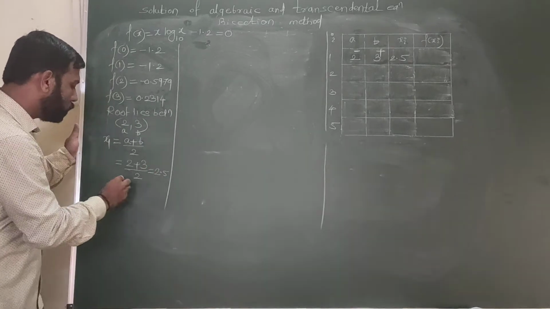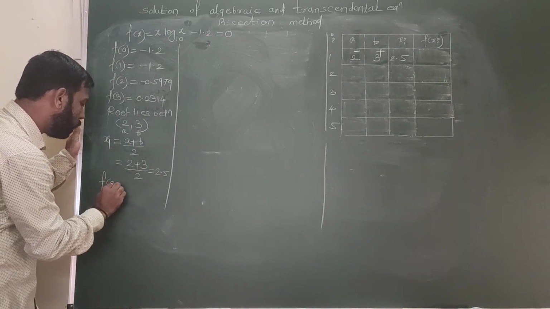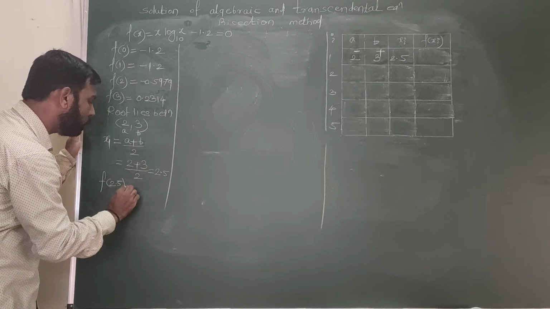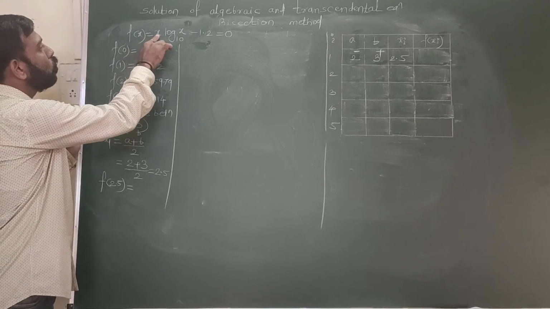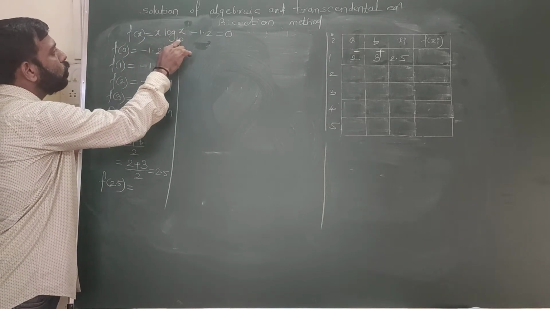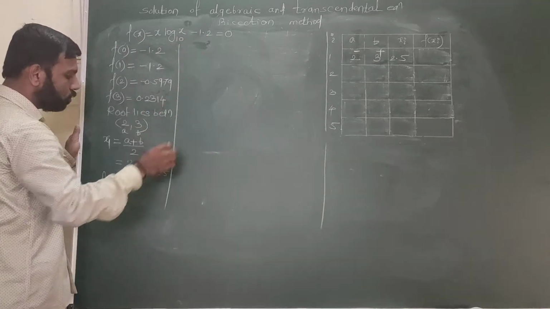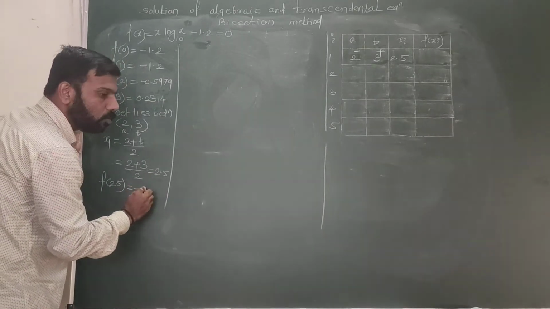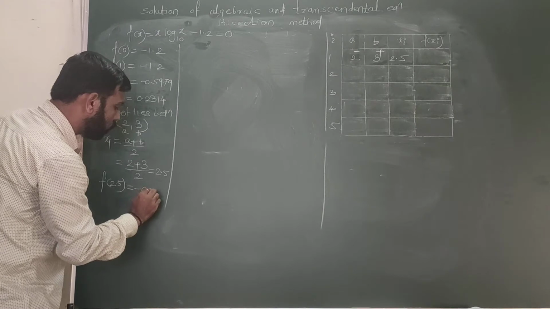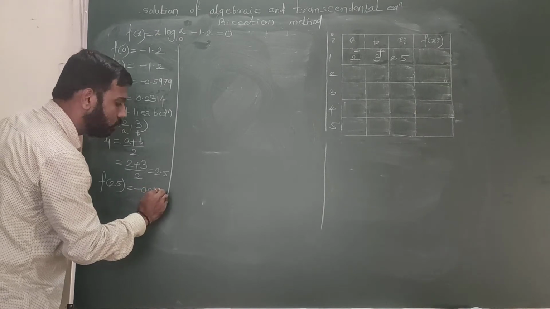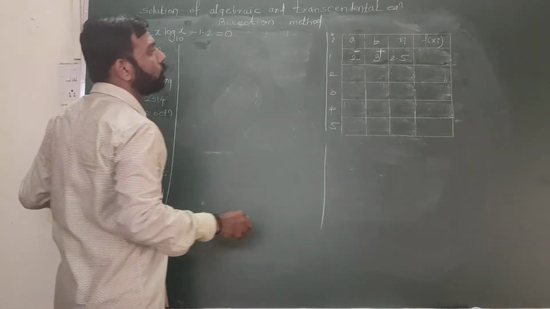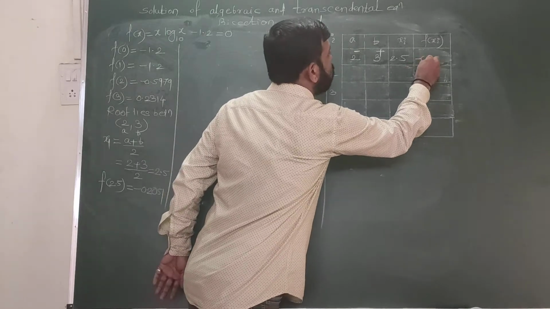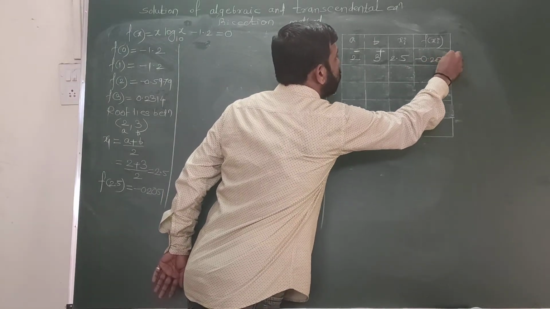So substitute this 2.5 in the polynomial: 2.5 log of 2.5 to the base 10 minus 1.2, and we get the value minus 0.2051.